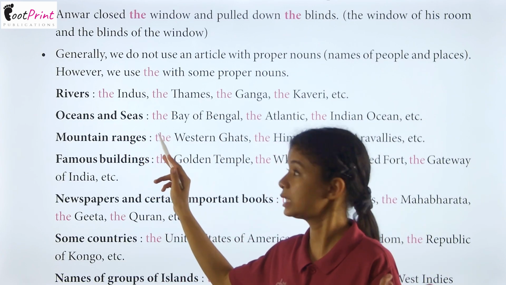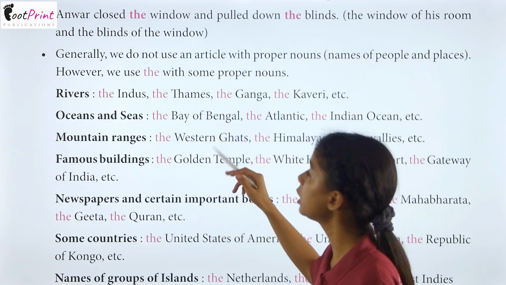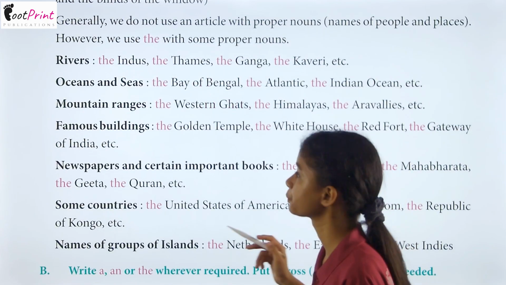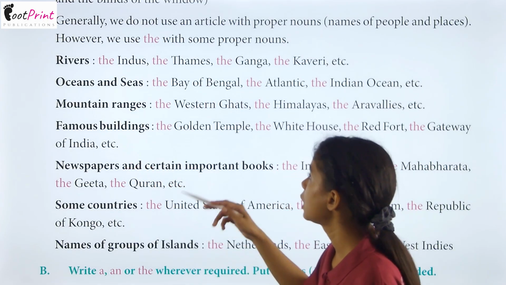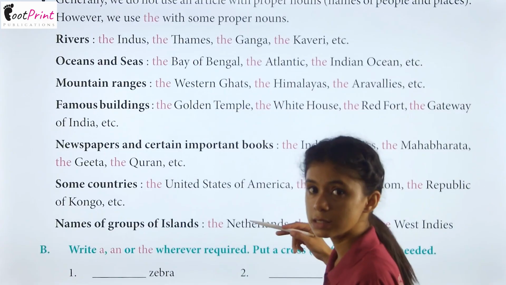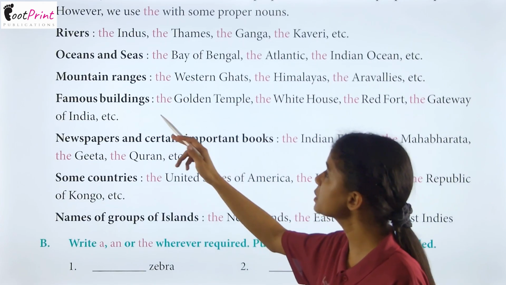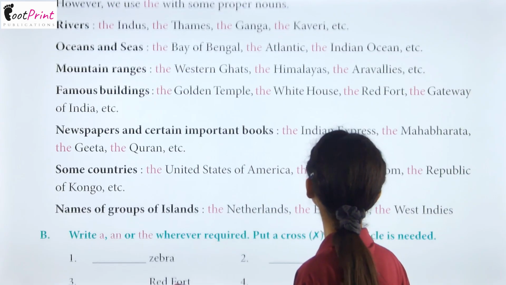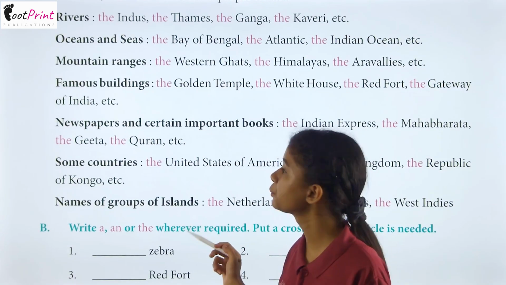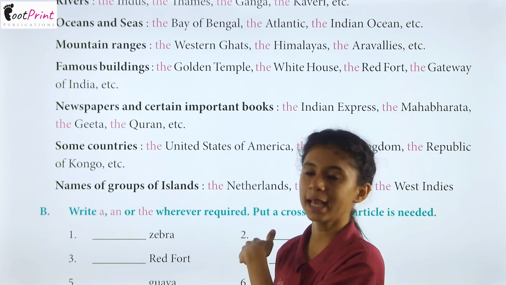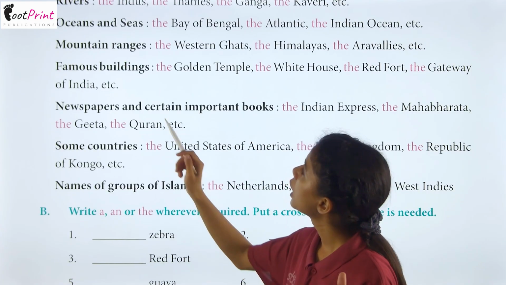Oceans and seas: the Bay of Bengal, the Atlantic, the Indian Ocean, etc. Mountain ranges: the Western Ghats, the Himalayas, the Aravalis, okay? Famous buildings: the Golden Temple, the White House, the Red Fort, the Gateway of India. All these are proper nouns and we are using the with them. So this is an exceptional case.